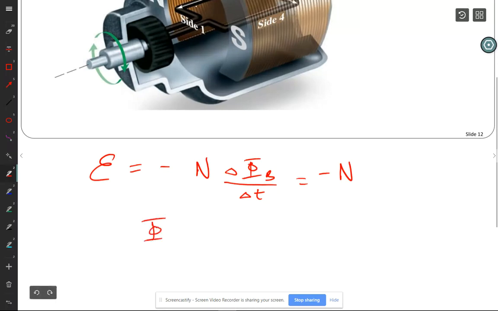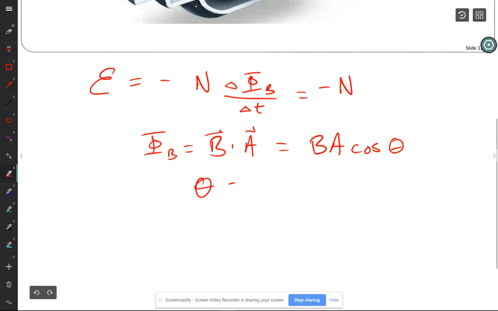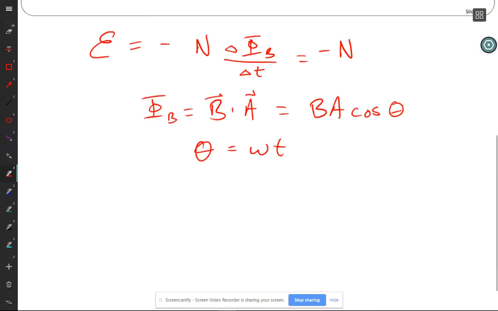The flux is equal to B dot A, which is B times A times cosine of the angle between them. If this is rotating at a constant speed, then theta is equal to omega t, where omega is the angular frequency. And so my flux is equal to BA cosine of omega t.